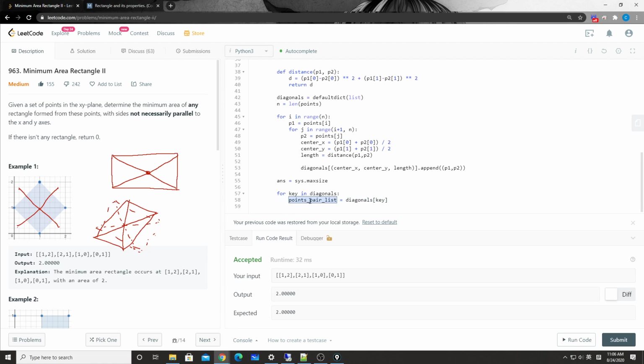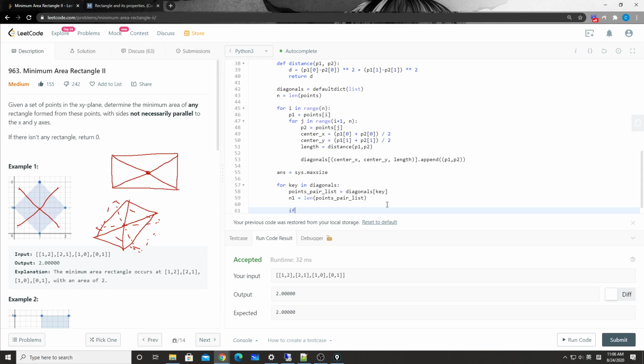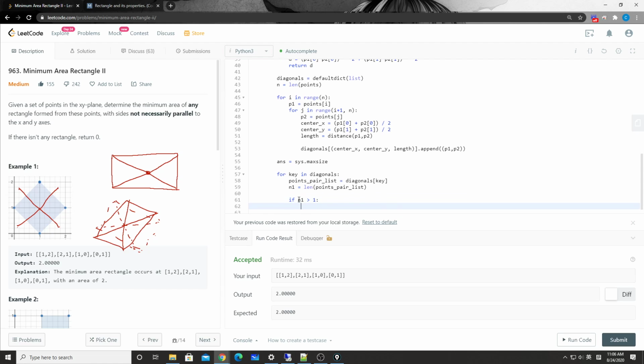So here is storing all the pairs with the same diagonal key, right? And then we're going to have a length here, like n1 equals to the length. So why are we doing this? Because we only will continue if n1 is greater than 1, right? So why are we doing this check?